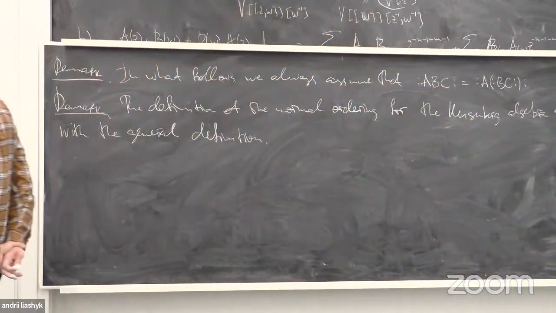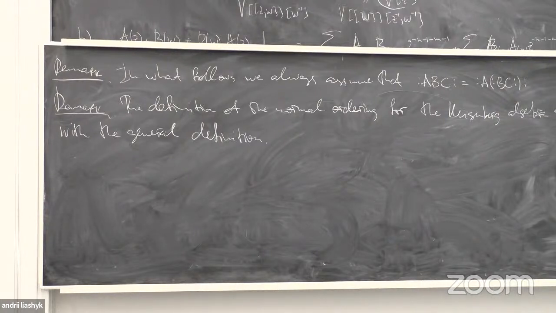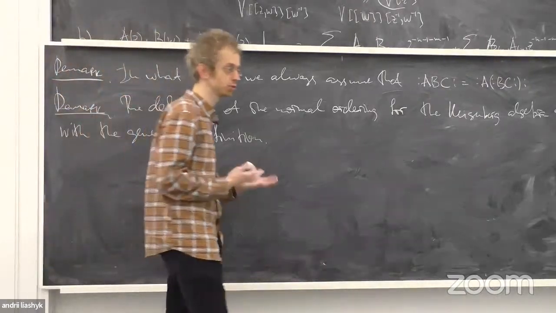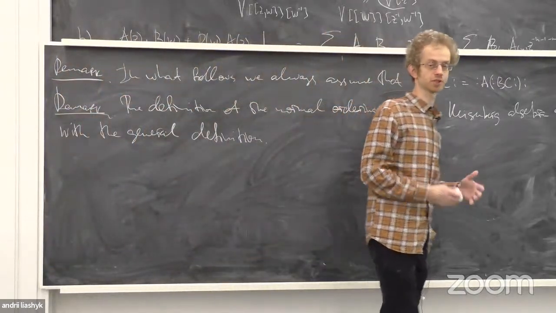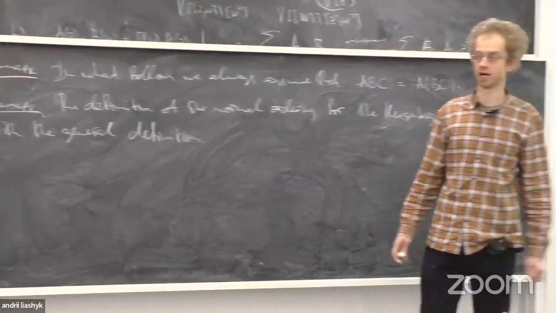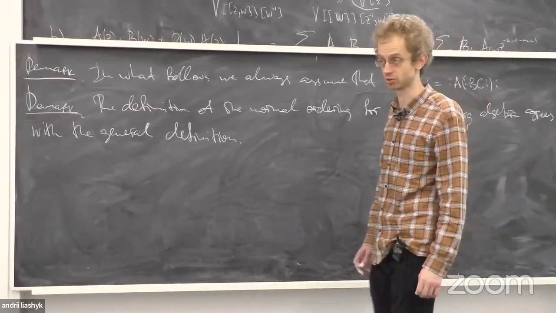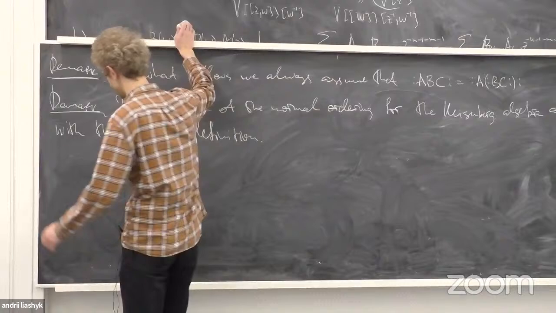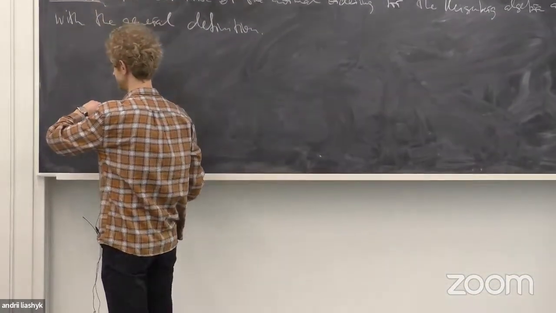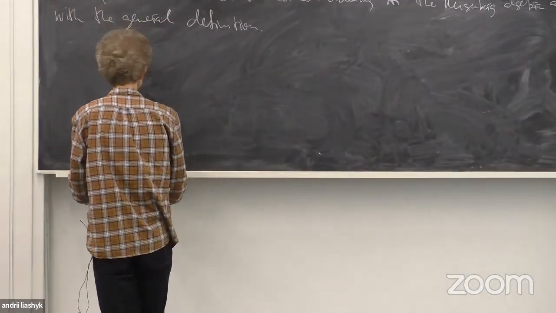So if we start with some basic fields, say h of z or derivative of h of z, and assume we know that they are local, then we need some tool in order to prove that the products, the normal ordered products, are also pairwise local. So for that, we need one technical statement, which is called Dong's lemma.